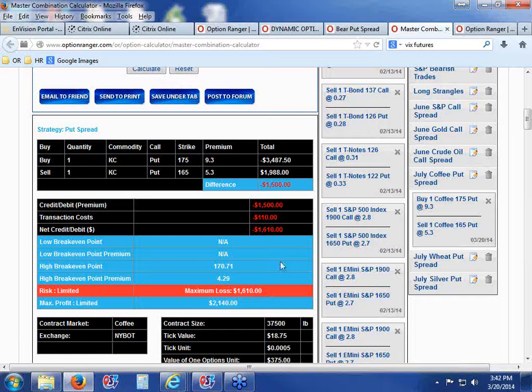Again, this trade has a predetermined and limited risk, so the net debit that is initially paid, in the case of a bear put spread, is always equal to the maximum loss that is possible on the trade. In this particular scenario, because of the amount of premium that was paid on the trade, there is a high break-even point on premium of 4.29.